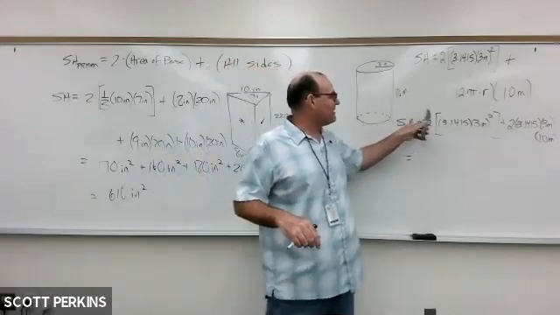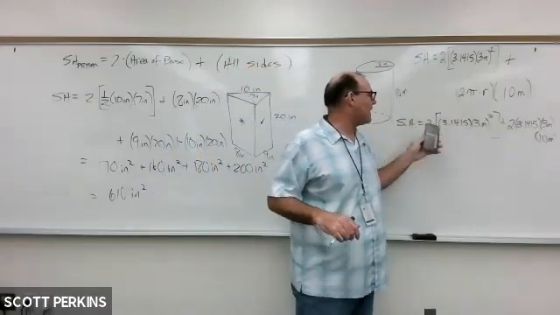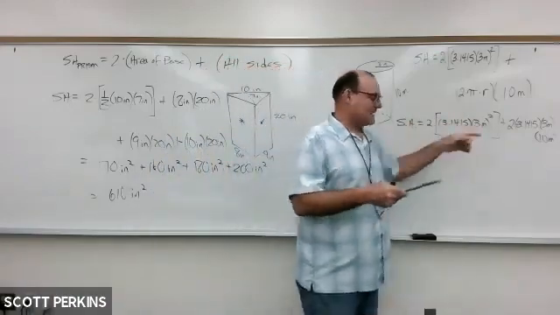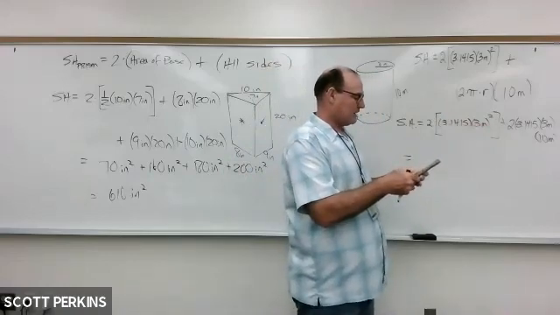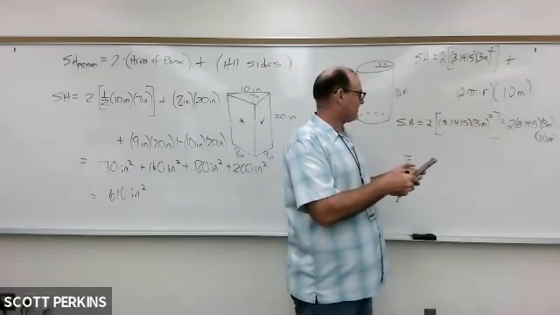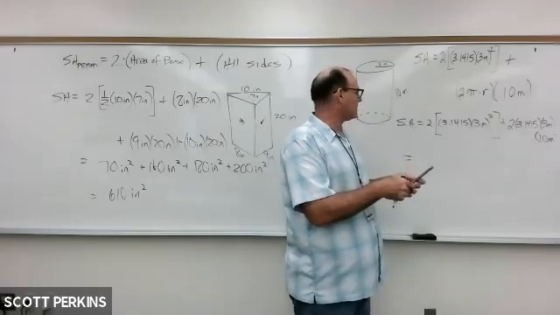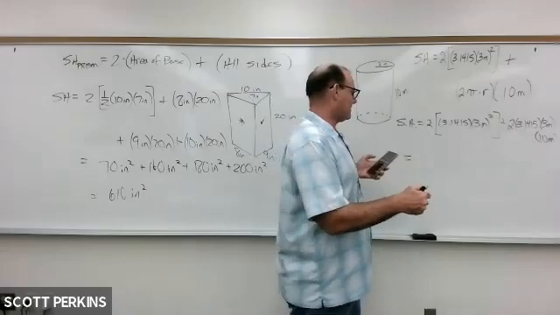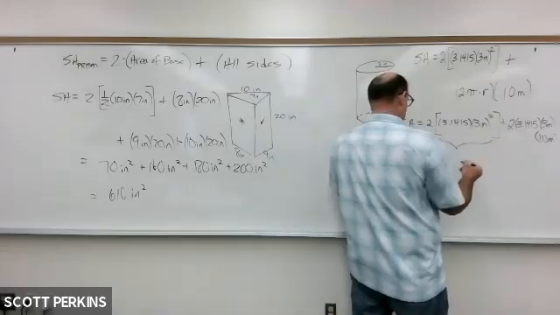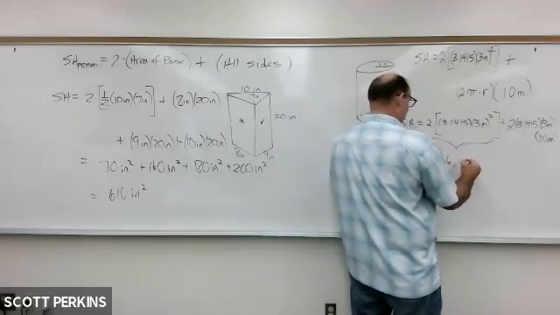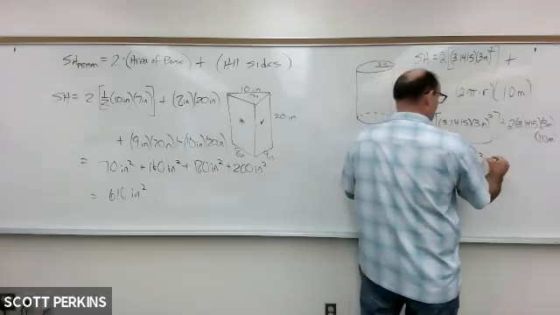So first, I'm going to find the area of my circle, and then I'll multiply it by 2. 3 squared is 9, times 3.1415 is 28.27, then I'll multiply it by 2. So the area of the circles at the top and the bottom is 56.55 meters squared.